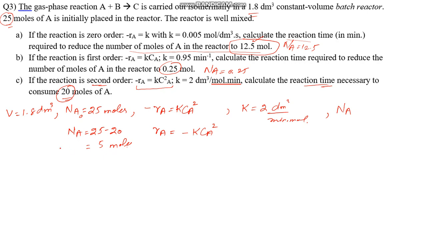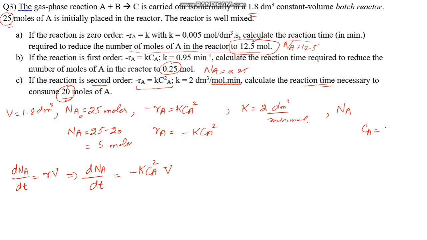So let's start from the basic design equation of a batch reactor, that is dNA by dt is equal to R multiplied by V. Paste the value of R in this equation, so it will be equal to minus K Ca square multiplied by V. So what is Ca?